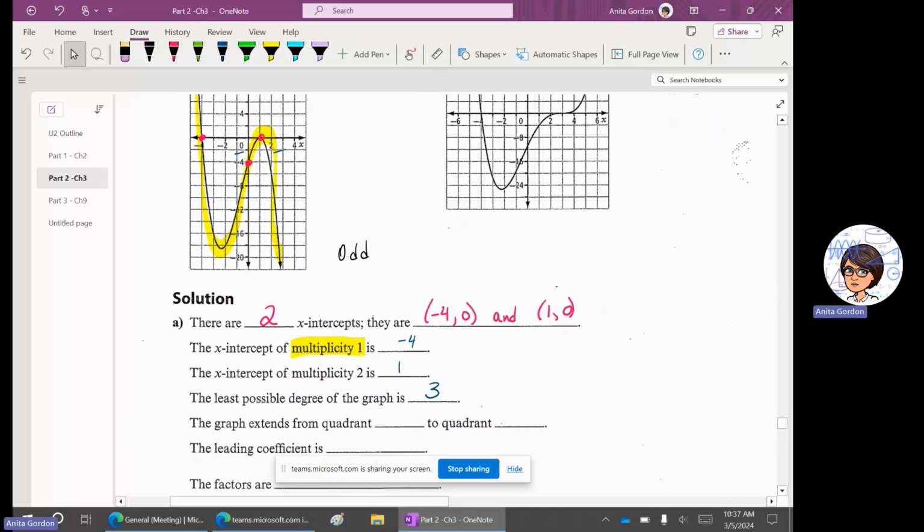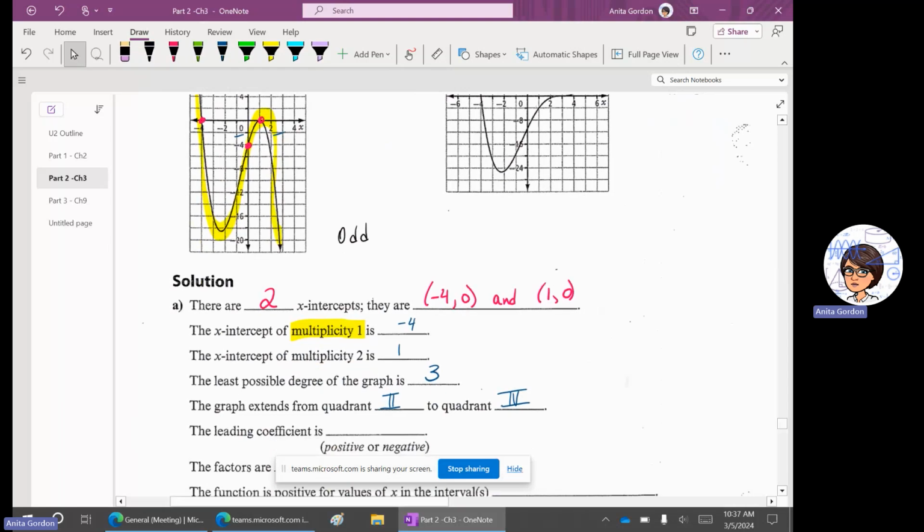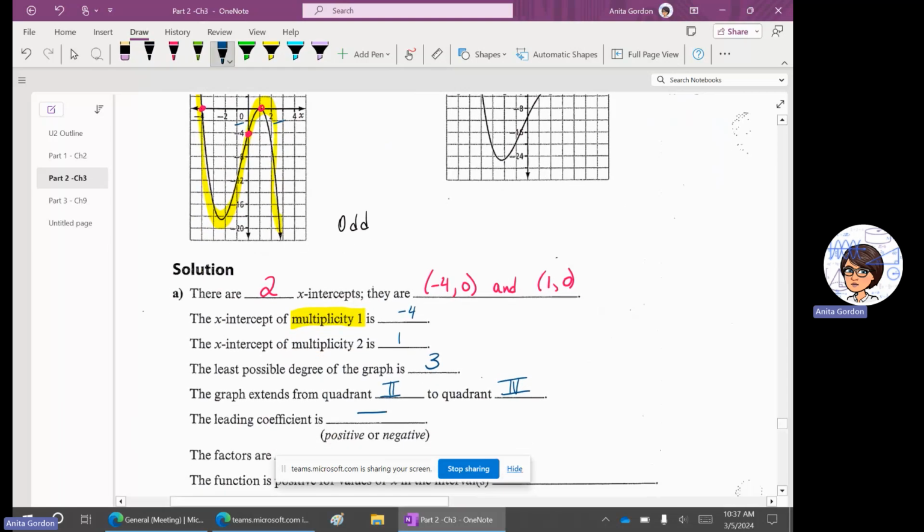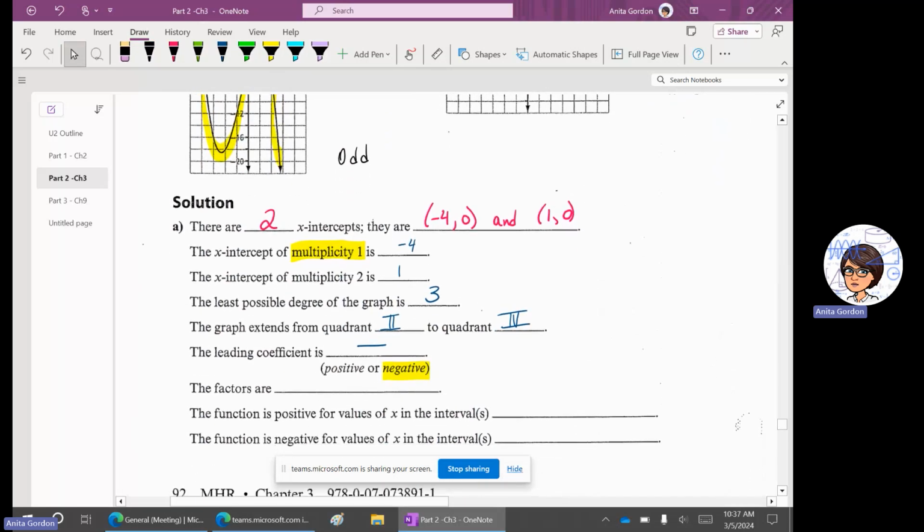Now, the extension of the graph, it starts off in the top left corner in quadrant 2 and extends down into quadrant 4. This tells me that the coefficient is negative, right? And we did this again in lesson 1 of polynomials when we talked about the characteristic features of a polynomial function.